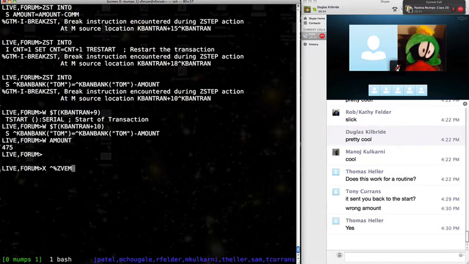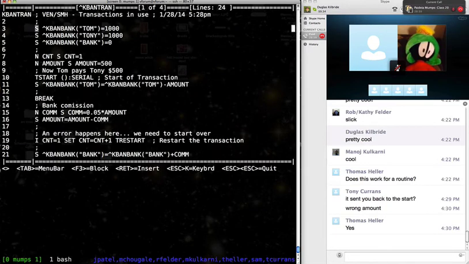All right. So let's put amount in parentheses after the TSTART. And I'm going to explain to you what this does. Actually, it's going to be pretty visible to you.